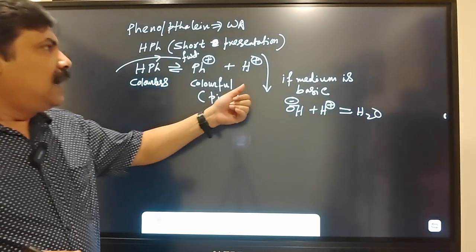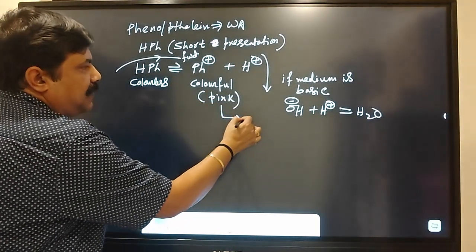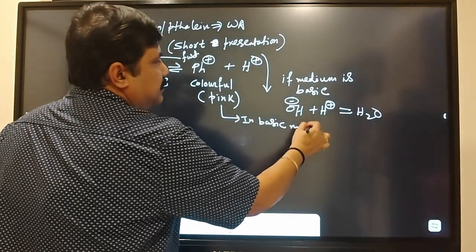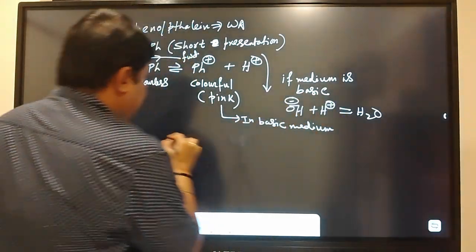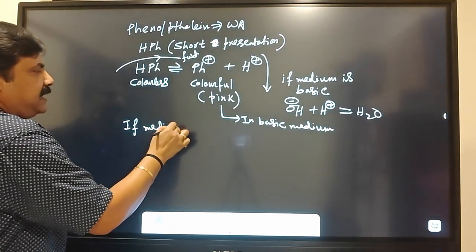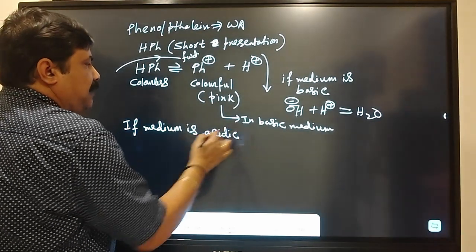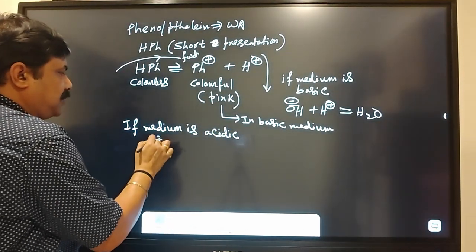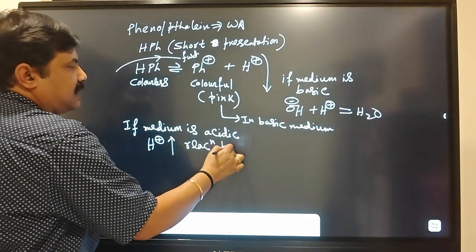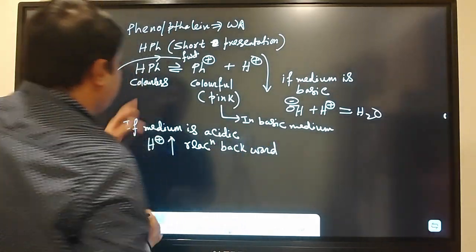But if the medium is acidic, then what will happen? H plus concentration will increase. The reaction will go in the backward direction.